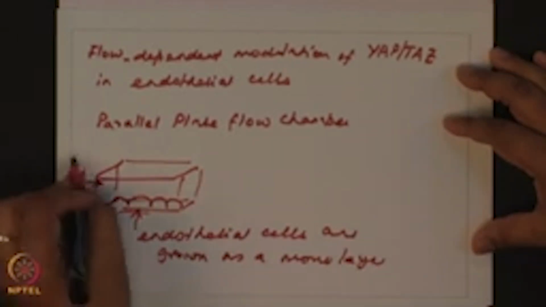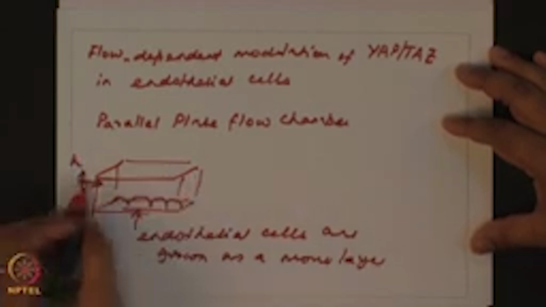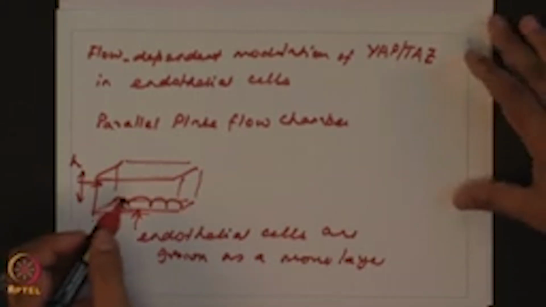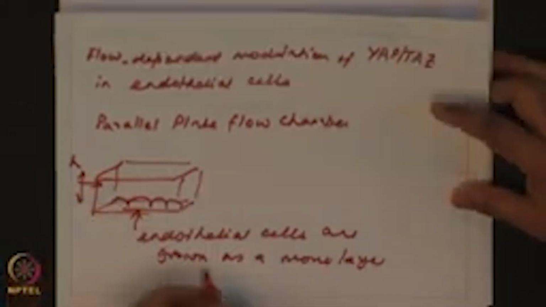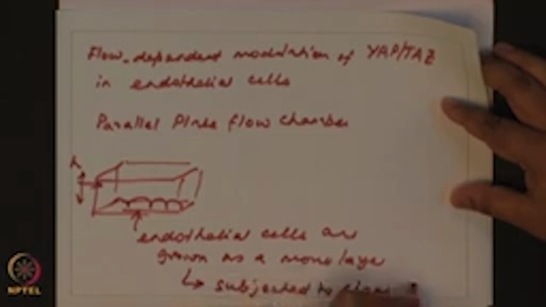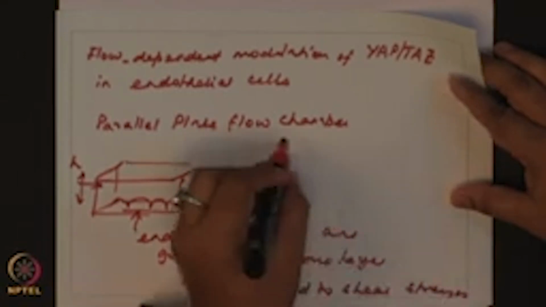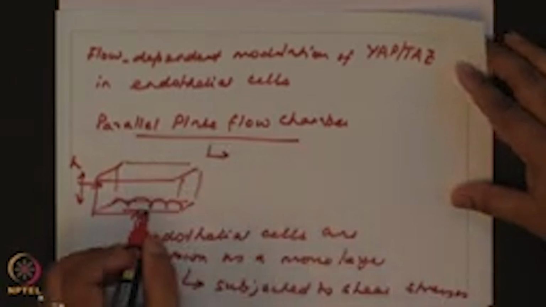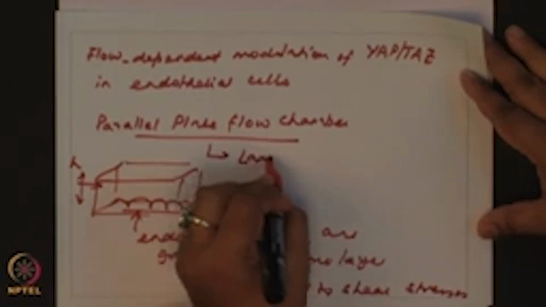This has a given height. So, you have a flow profile being imposed on the cells. So, the cells are subjected to shear stresses. Using this you can vary the type of flow as steady or laminar.